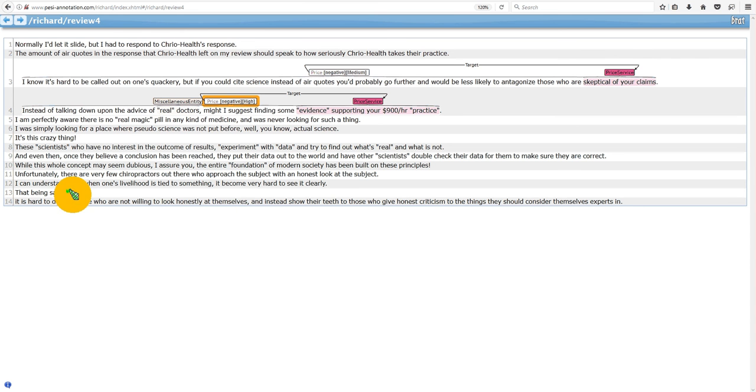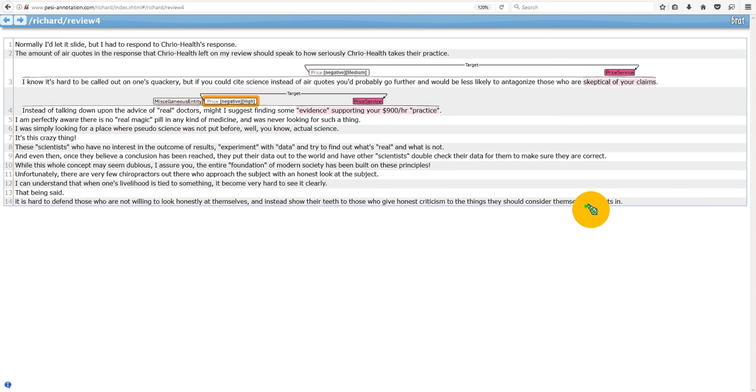I can understand that this only represents the patient's opinion, by the way, not our opinion. We just interpreted patient sentiment. I can understand that when one's livelihood is tied to something, it becomes very hard to see clearly. That being said, it has to define those who are not willing to look honestly at themselves and instead show their teeth to those who give honest criticism of the thing they should consider themselves expert in.